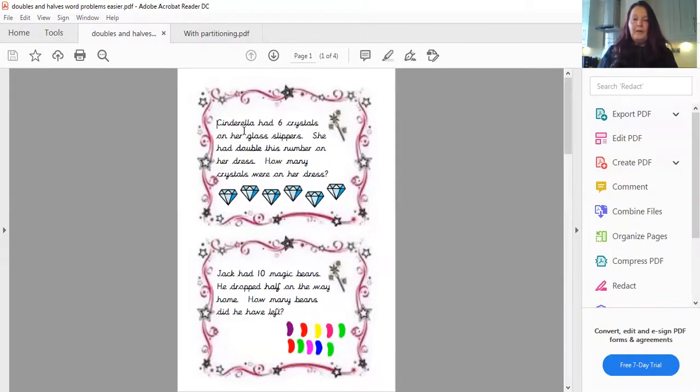Okay. Now what you have to do is read the question carefully. This is a word problem. Some of them are doubles, some of them are halves. So the first question says, Cinderella has 6 crystals on her glass slippers. She had double this number on her dress. How many crystals were on her dress?